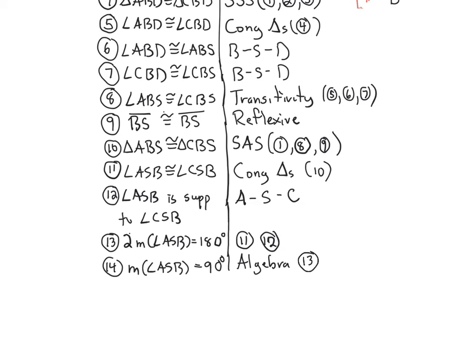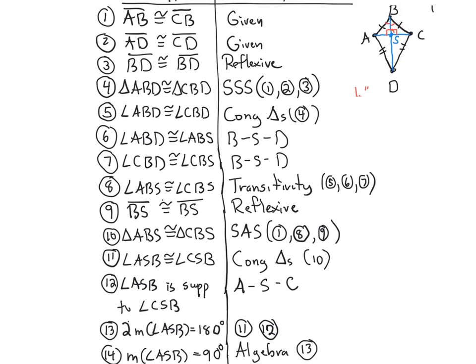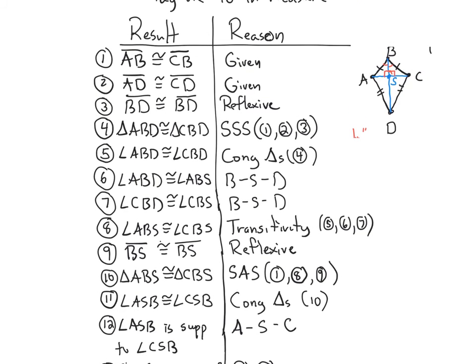Line 13. And then finally, well, we have that an angle is 90 degrees. So that tells us that BD is perpendicular to AC. So let me scroll up here and just kind of point to that. So we know that these angles are 90 degrees.